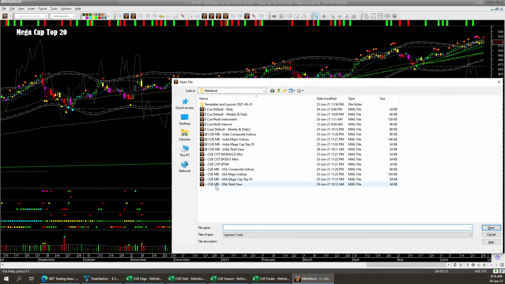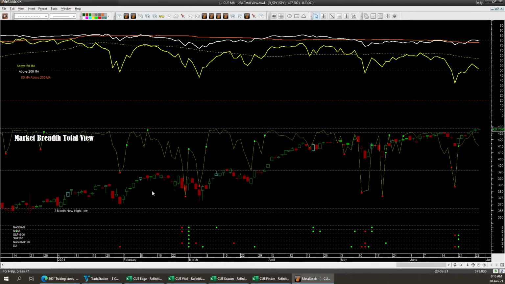Now if we look at the single chart view, market breadth total view, here also the yellow line, percentage of stocks above 50 MA, came down both on Monday and Tuesday. 3-month new high low came down both on Monday and Tuesday. Those are showing weaknesses.